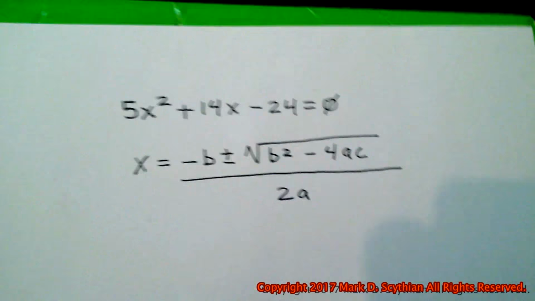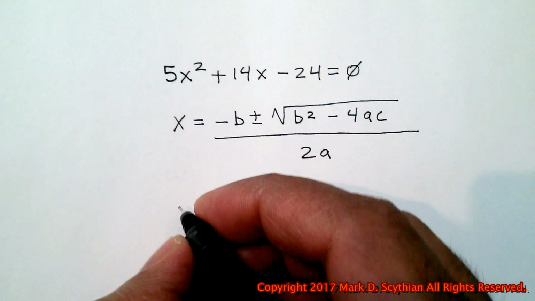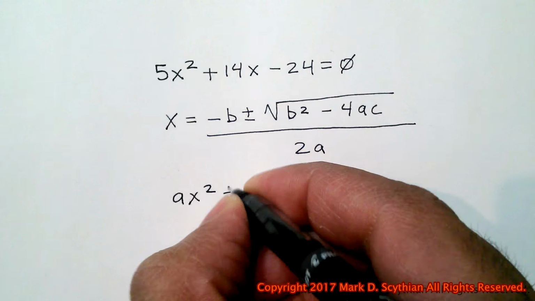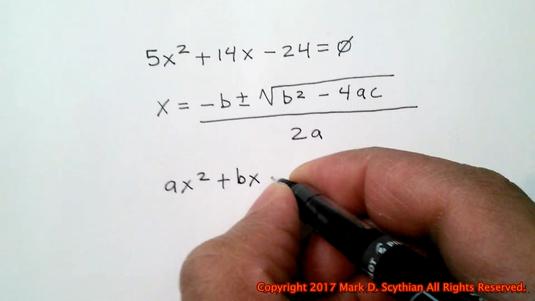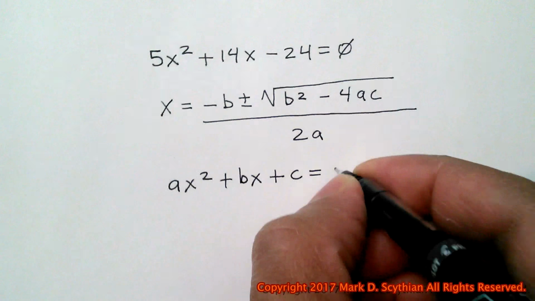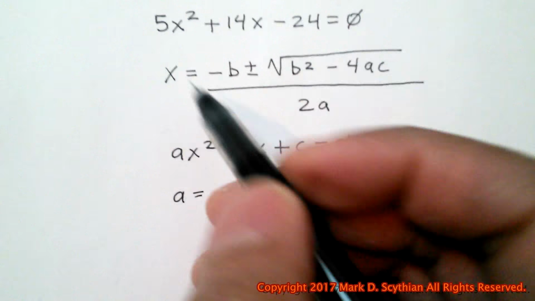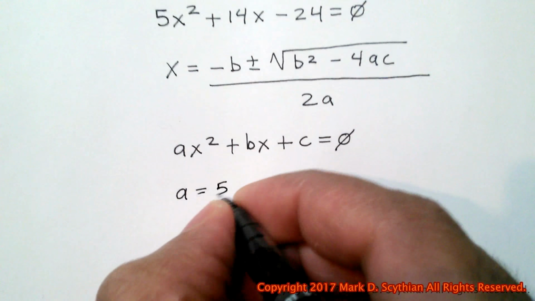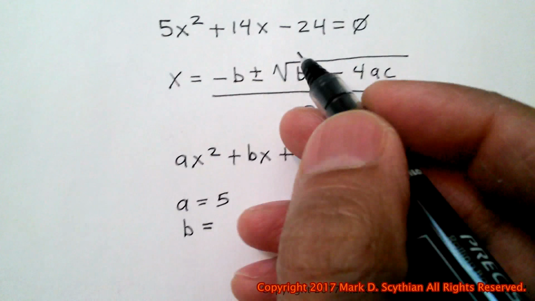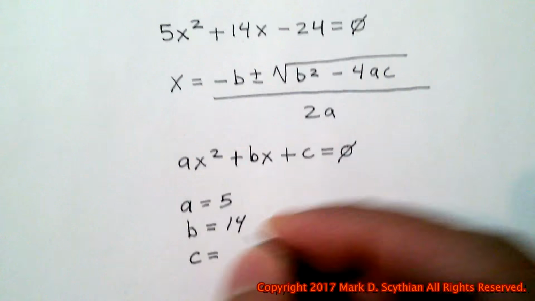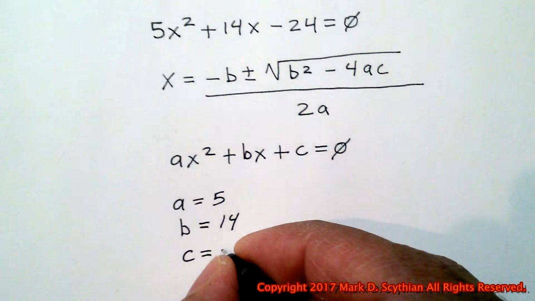So since this quadratic equation is written in standard form, or ax squared plus bx plus c is equal to 0, you can easily establish that a is equal to 5, b is equal to positive 14, and c is equal to negative 24.